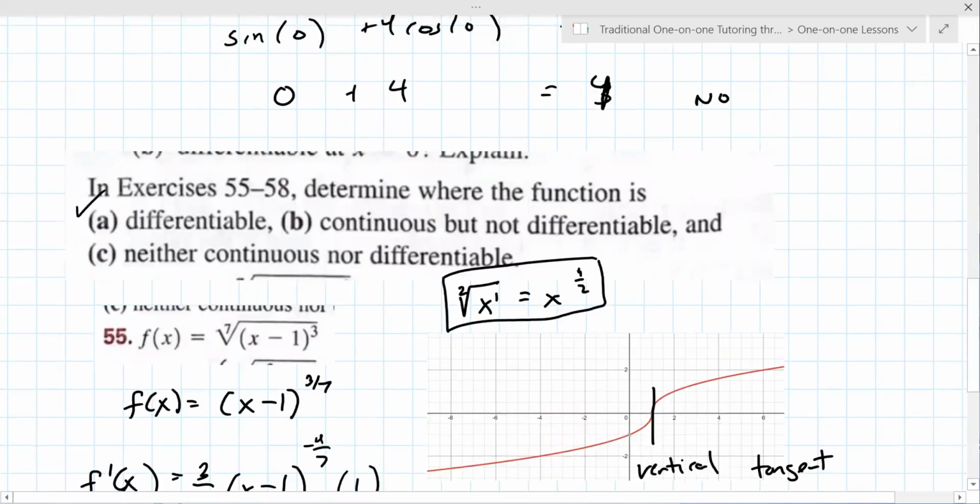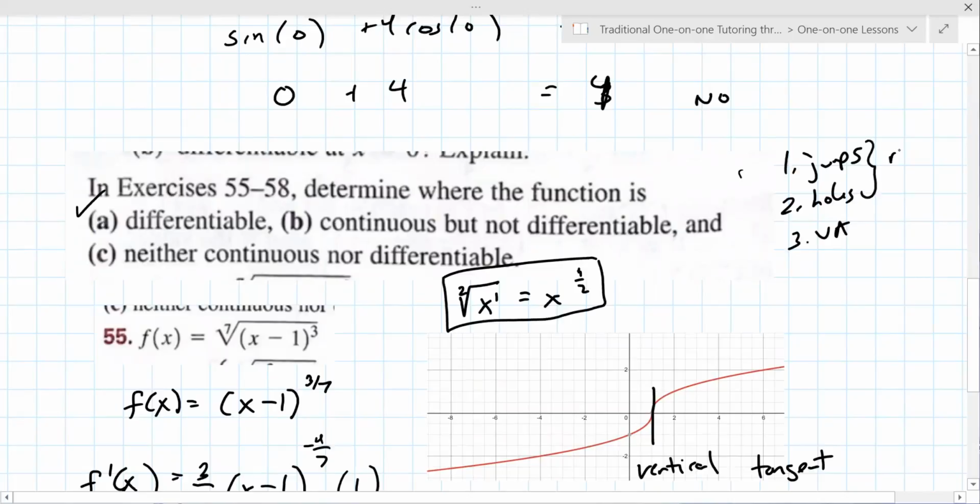Now, continuous but not differentiable. Once you have the graph, which I know you wouldn't have here, you kind of do need to know some things about the graph. Or you need to know that the original function is good everywhere, with no weirdnesses, no jumps, no holes. How do you tell a jump or a hole just from the function?